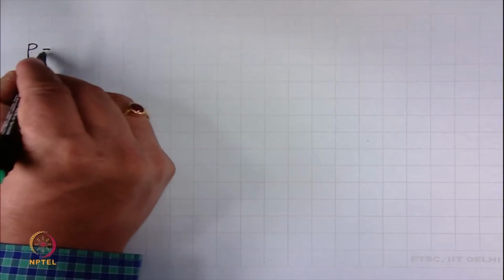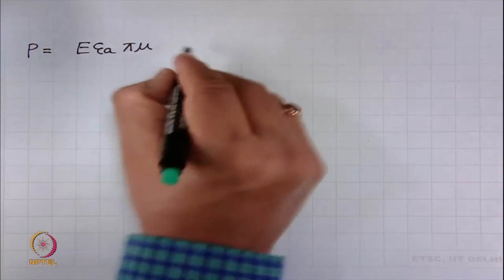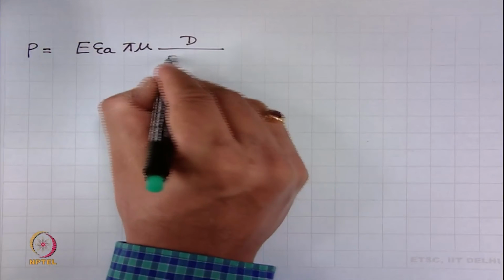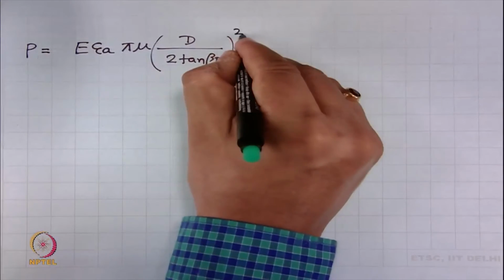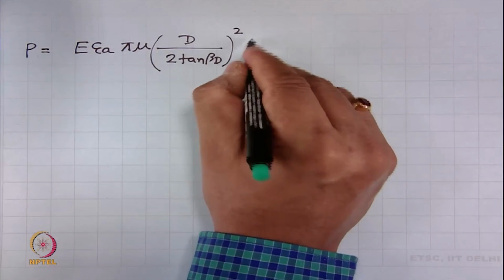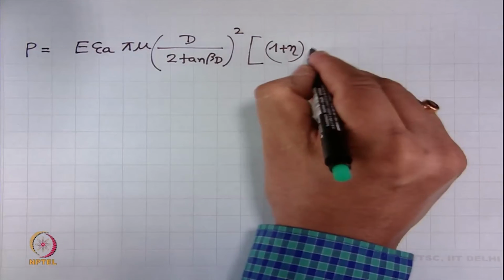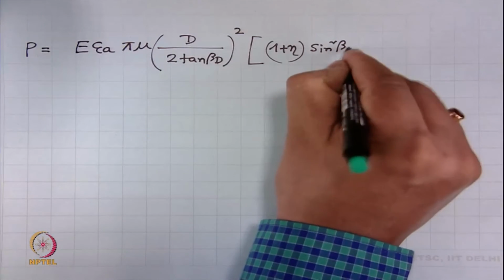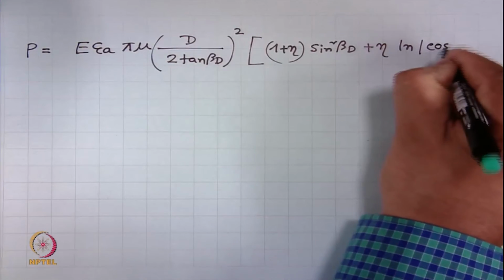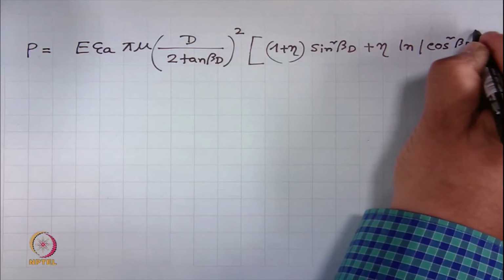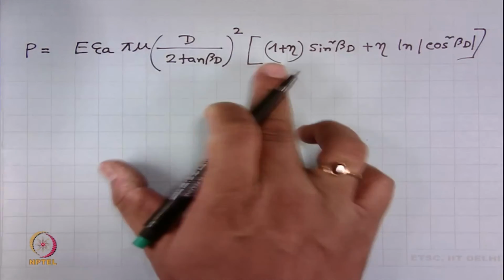So, P equals E epsilon A pi into mu d by 2 tangent beta d square, 1 plus eta sin square beta d plus eta ln cos square beta d. This tan square beta d we will divide.